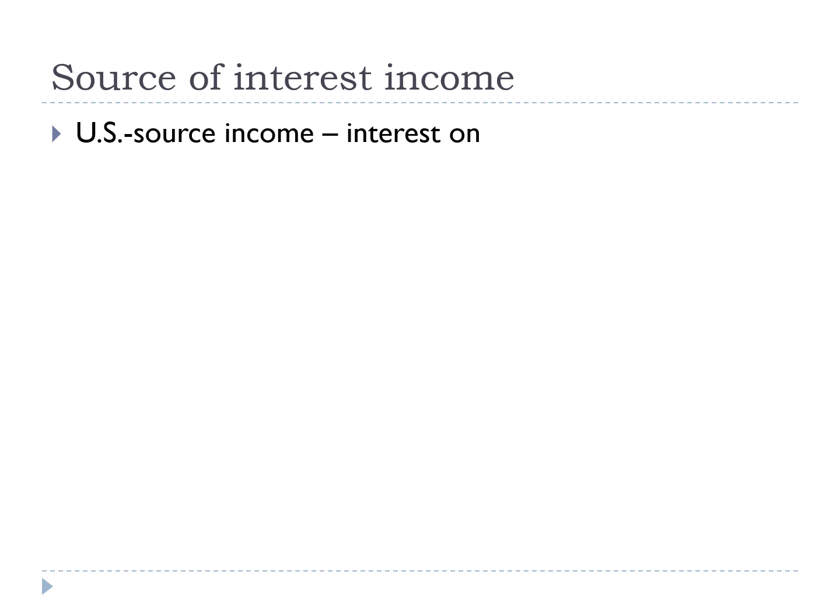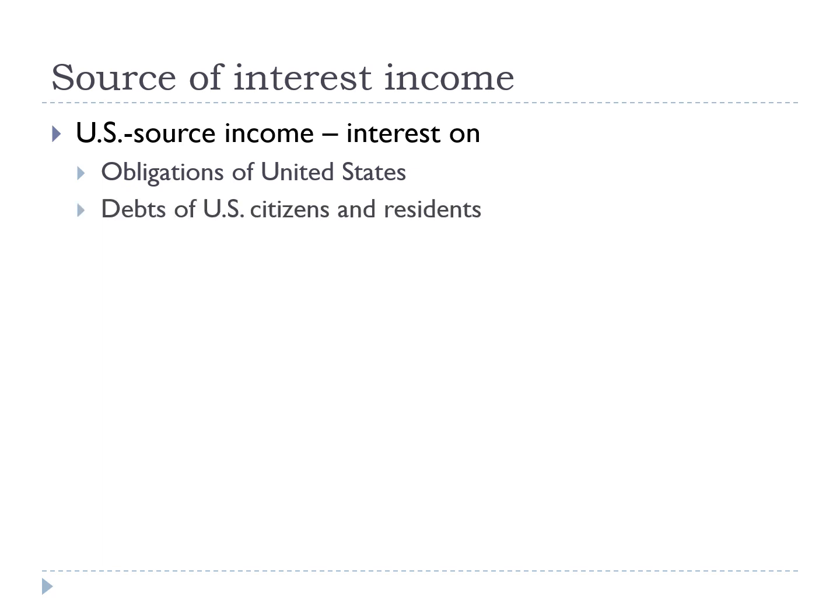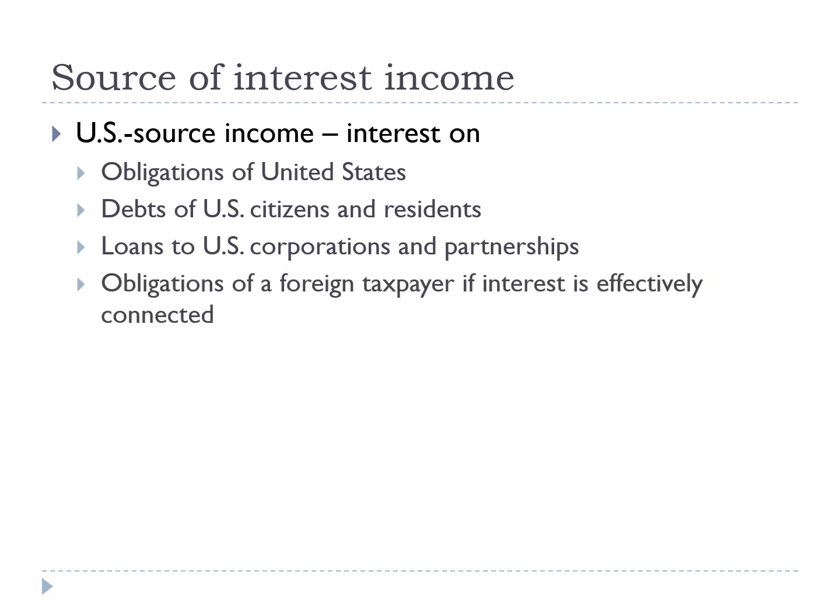U.S. source interest income includes interest on the following: obligations of U.S. obligors, including the U.S. government or its agencies, debts of U.S. citizens or residents, loans to U.S. corporations and U.S. partnerships, and obligations of a foreign taxpayer if that interest is effectively connected with a U.S. trade or business of the foreign taxpayer.